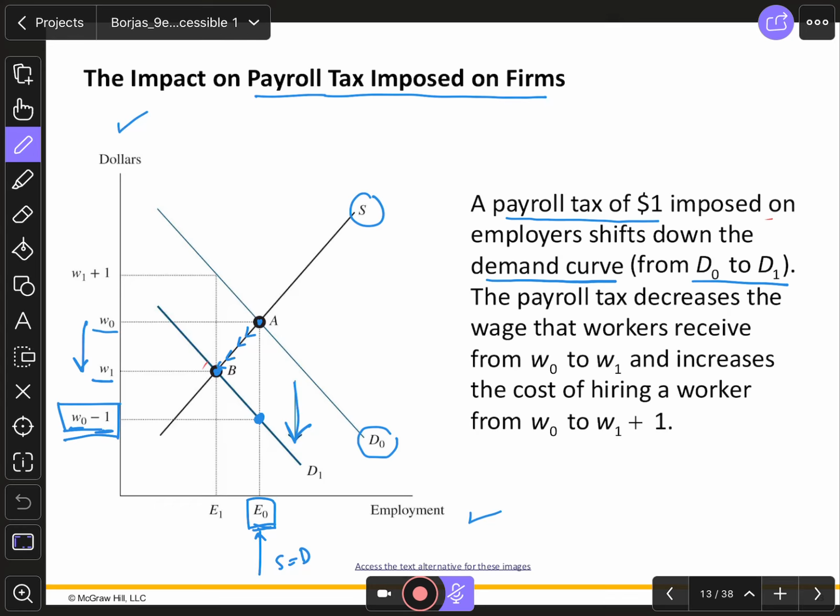From the firm's point of view, they wish that they could pay W0 minus 1. They wish to be here, where they can pass the tax 100% to workers. But actually, they cannot do that.